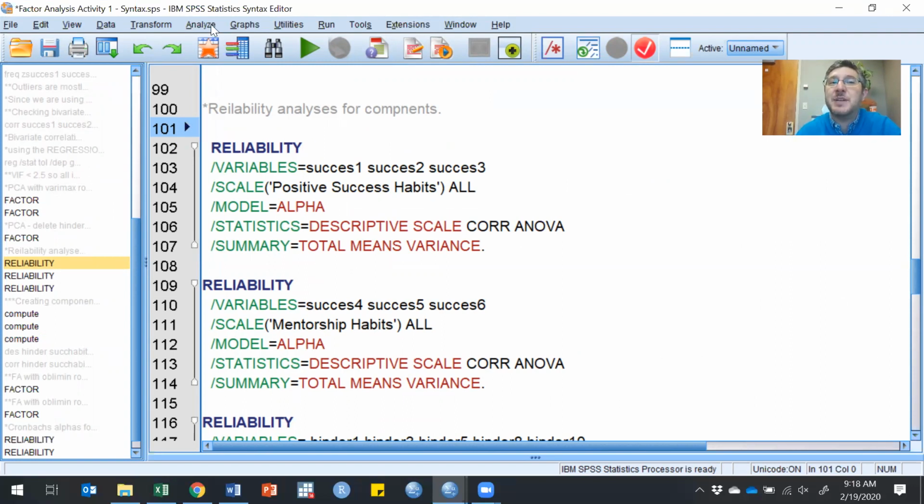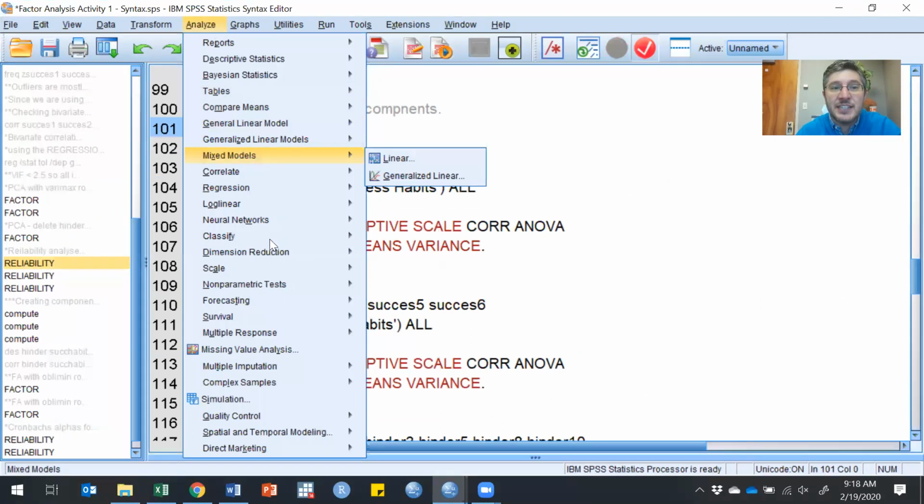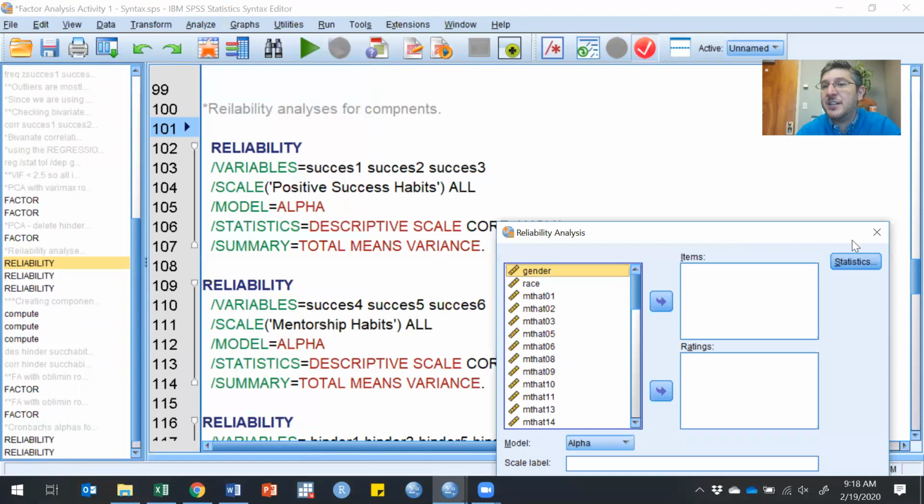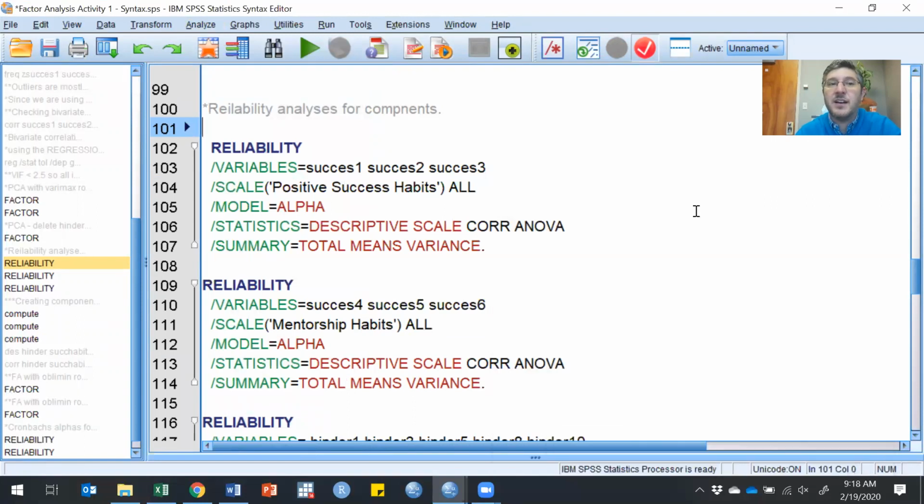You can get that in SPSS through Analyze, Scale, Reliability Analysis here. Or here's some syntax for it. Actually, I don't think you need these.